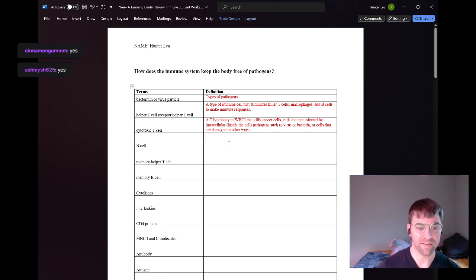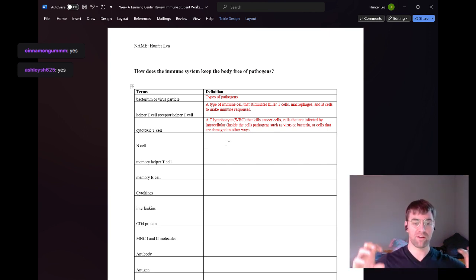B cells are kind of the star of the show. This is another type of lymphocyte that is responsible for the humoral immunity component of the adaptive immune system. Adaptive immune system is one you'll hear a lot. You can divide the immune system into those two broadest categories of innate and adaptive.